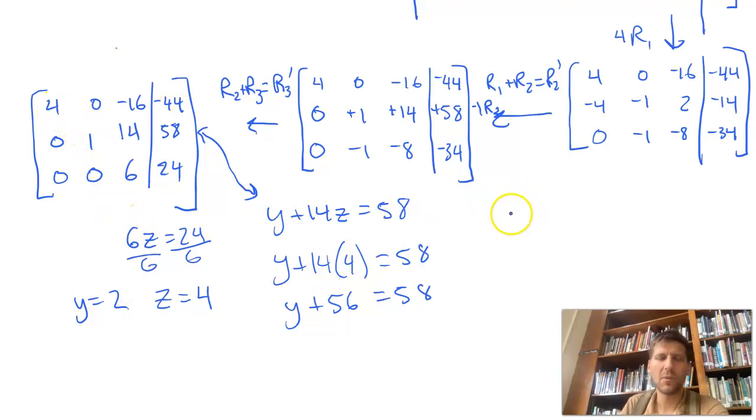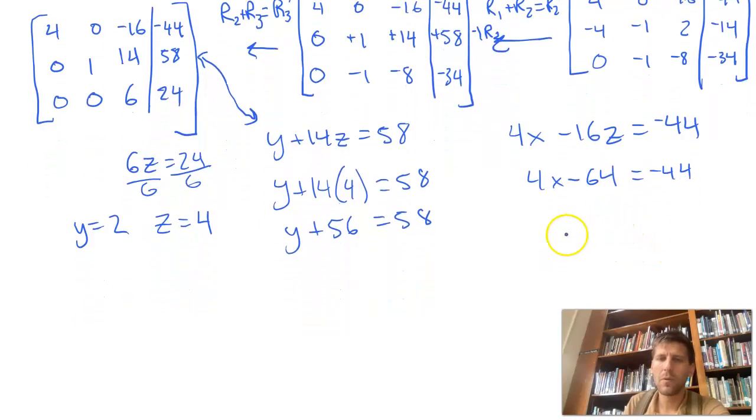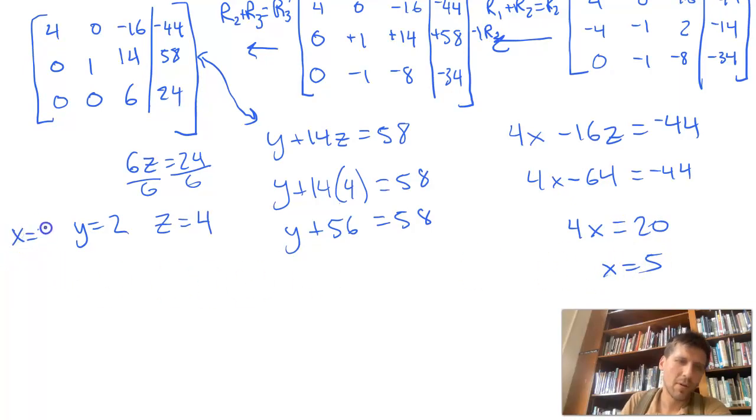Now I can take that first equation, and I know 4x, oh look, there's already y eliminated, minus 16z equals negative 44. So I can go ahead and plug in for z, that's 32, 64. If I multiply that by 4, and I get x equals 5. So it looks like a pretty clean answer there.